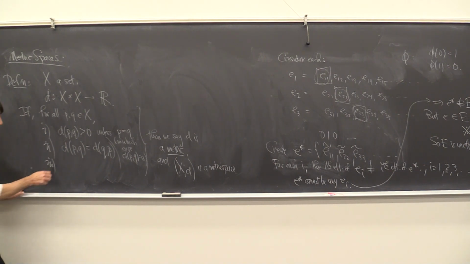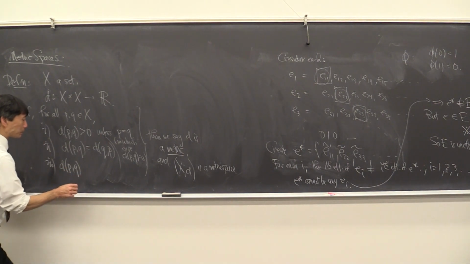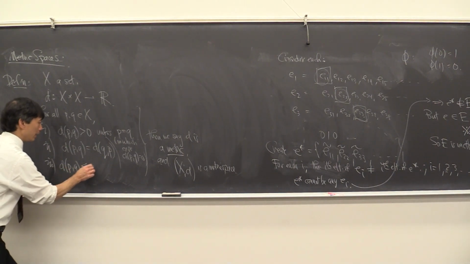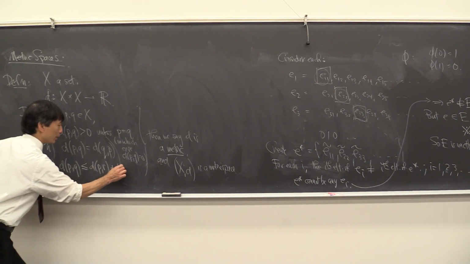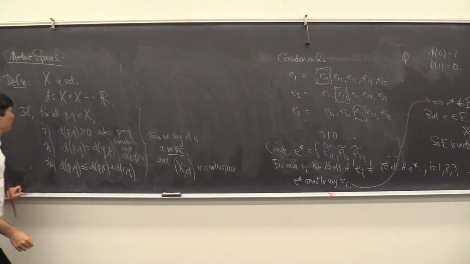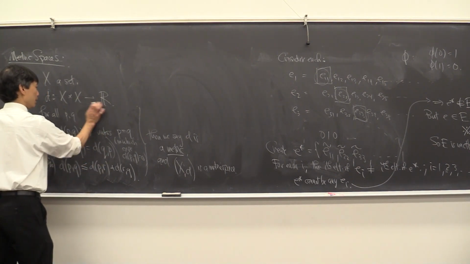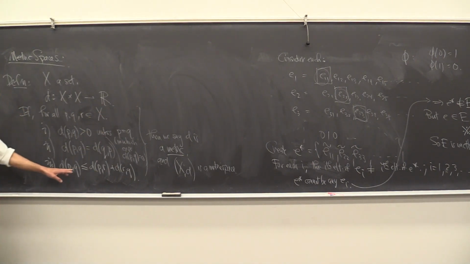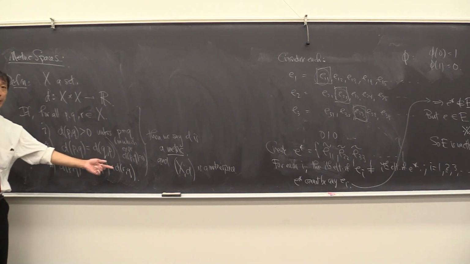And then the third thing is that the distance from P to Q should be controlled by the distance from P to R plus the distance from R to Q, for any P, Q, and R in X. So the distance from me to Anne should be controlled by the distance from me to Charlotte plus the distance from Charlotte to Anne.